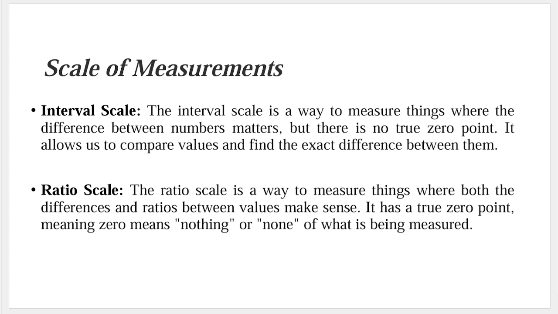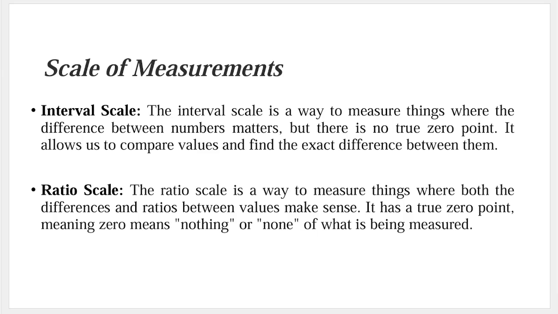The third one is the interval scale. This is numerical data where the differences between values are meaningful, but there is no true zero. For example, temperature in Celsius, 0 does not mean no temperature. Finally, the ratio scale.